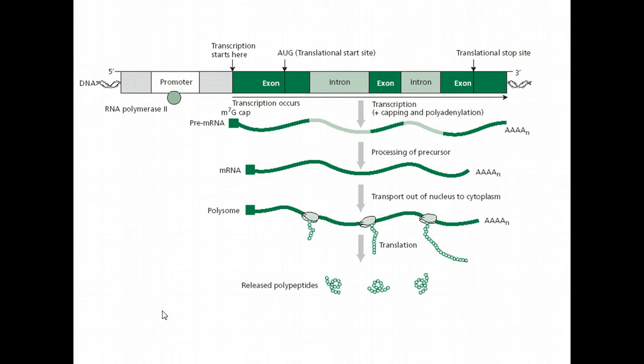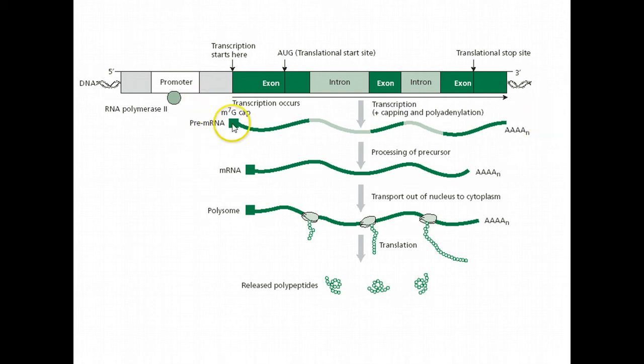Okay, let's pick up here again, and I want to add some complexity to this. We finished last time with the fact that there are these introns that are removed, and that the RNA, even after this step is processed, has a string of adenines added onto the end, so we call this a poly-A tail.